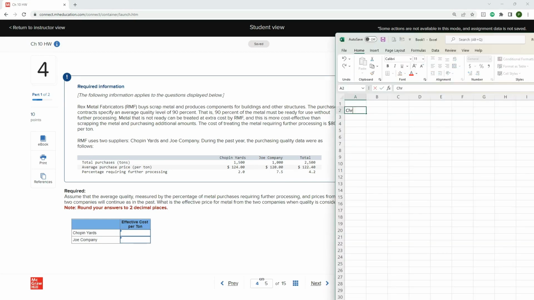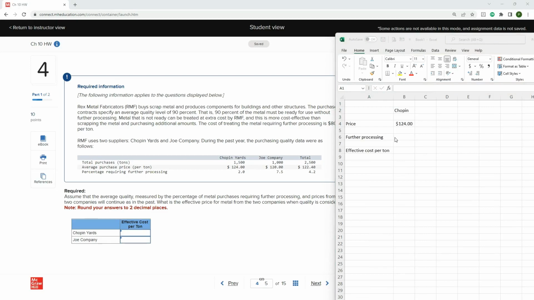So for Chopin, the price per ton is $124, but then we have to process further 2% of our purchase, and that costs us $80 per ton. So for the cost of further processing, we're going to do 2% times $80. So on average, we're going to incur another $1.60 in costs.